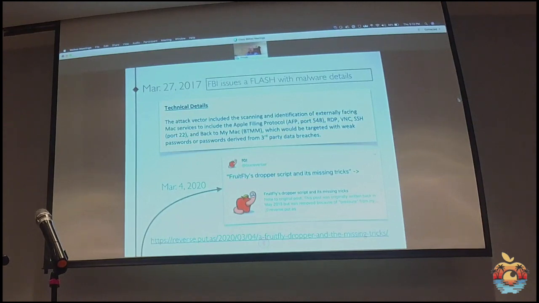And that the person behind it, Durachinsky, allegedly used a number of different remote access protocols to upload these files to the victim systems. So everything from Back to My Mac, SSH, VNC, pretty much anything that might have been enabled on the Mac to allow remote access.